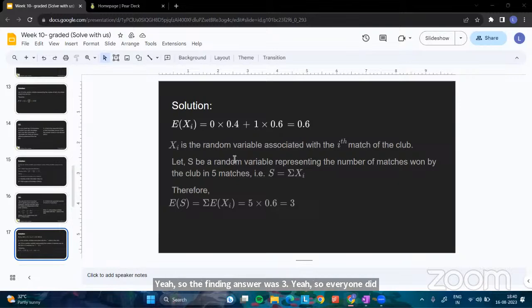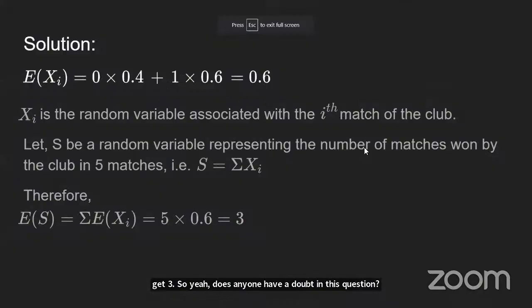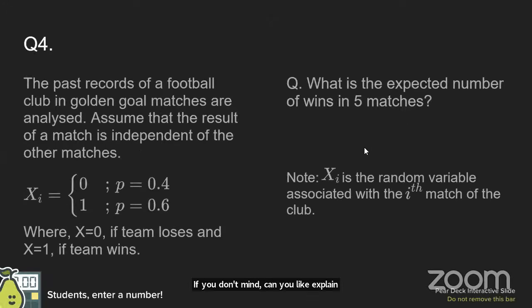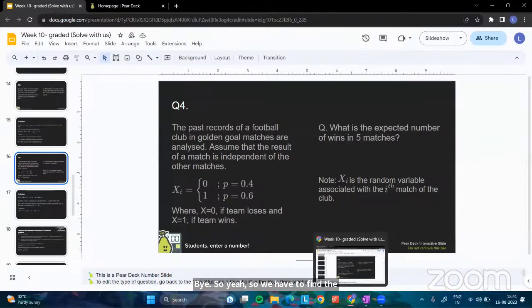Does anyone have a doubt in this question? If you don't mind, can you explain again? Yeah, for one match, we can say that the distribution is Xi equal to 0 and 1 with these probabilities. We have to find the expected number of wins.